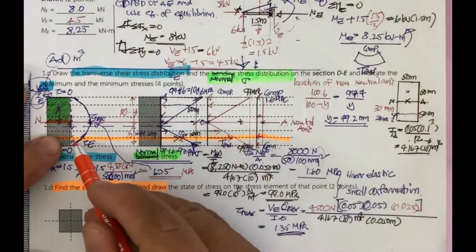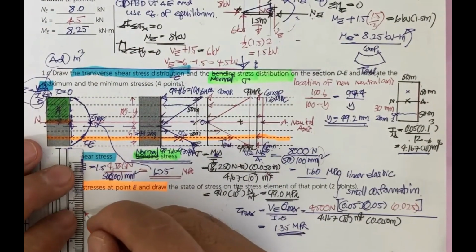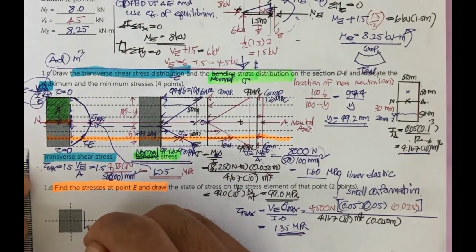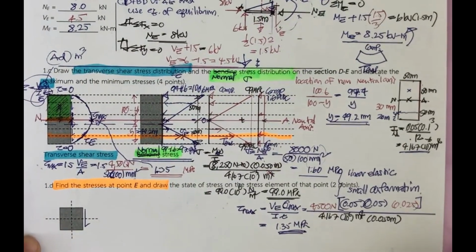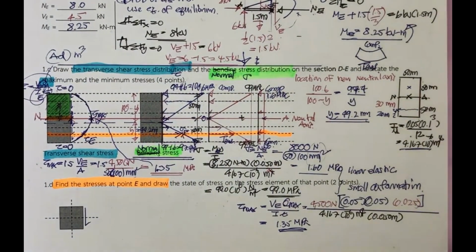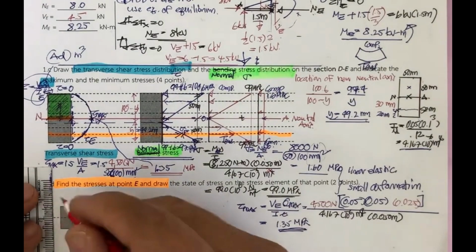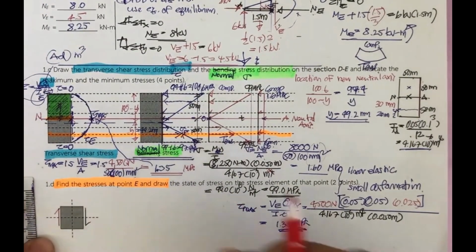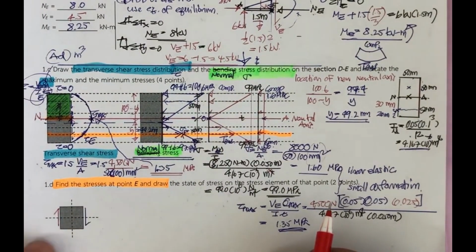That means the shear here is going to be in this direction, that is tau sub e. And as you may know, if this one is down, this one must be up to balance the force in the vertical direction.